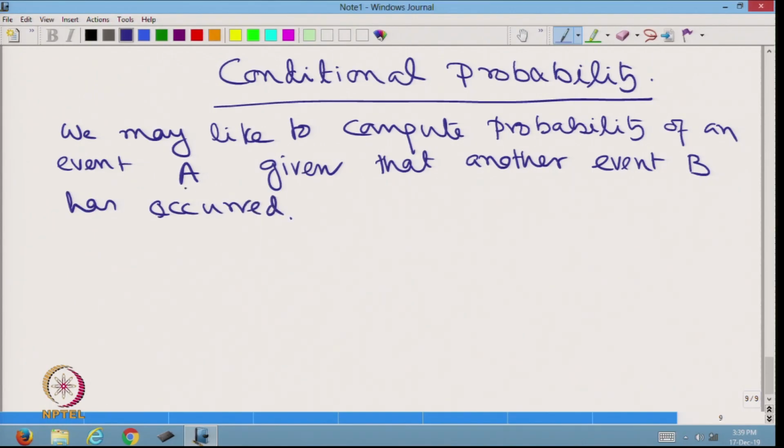That means you are trying to find the probability of the event A given that the event B has happened. Under this condition, what is going to be the probability of the event A?